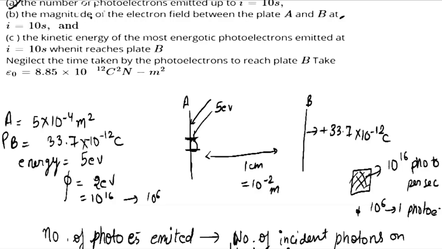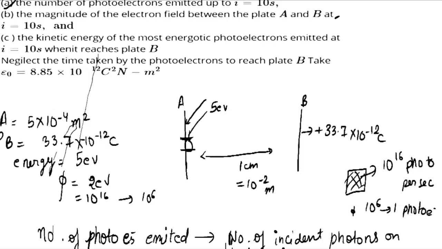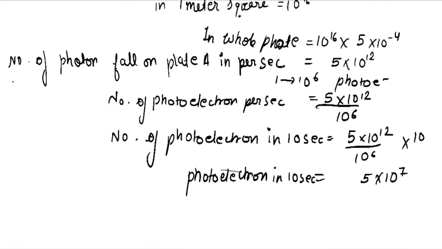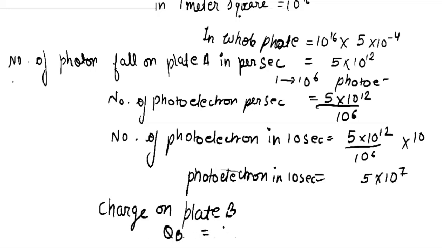Now we go to the second part, the magnitude of the electric field between plates A and B at t equals 10 seconds. For this we have to determine the charge on both the plates. First, the charge on plate B. Plate B is already charged, which is 33.7 into 10 raised to the power minus 12 coulombs.